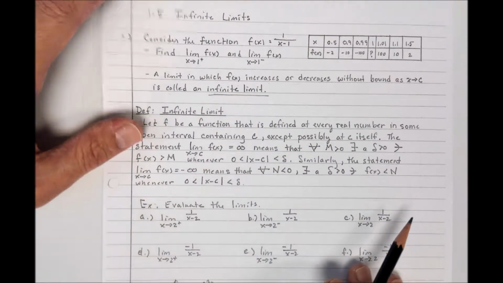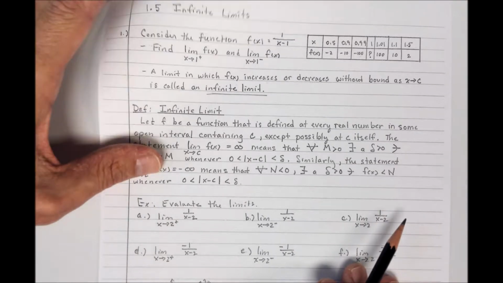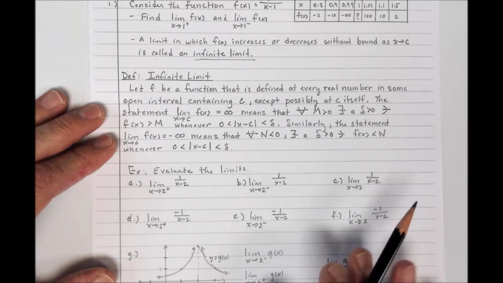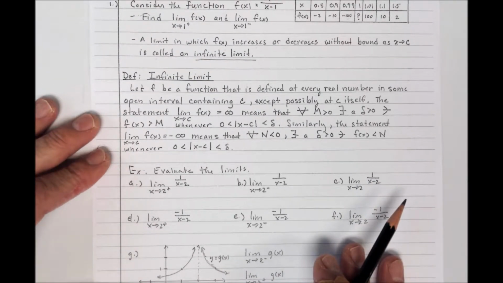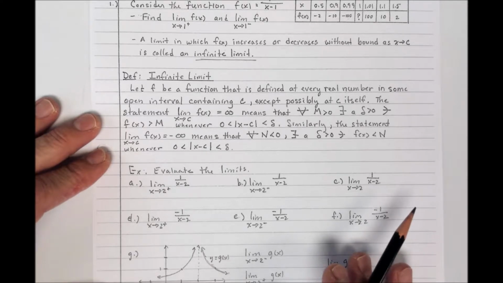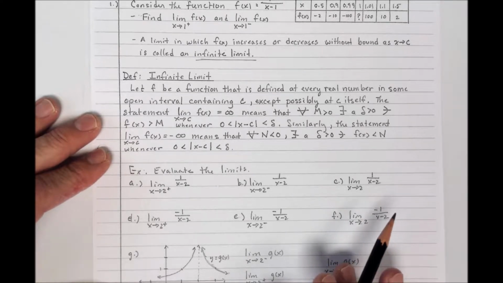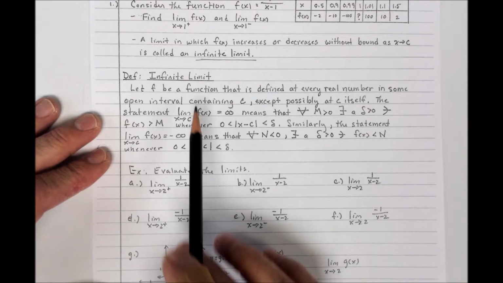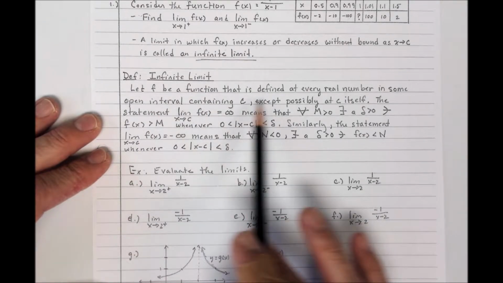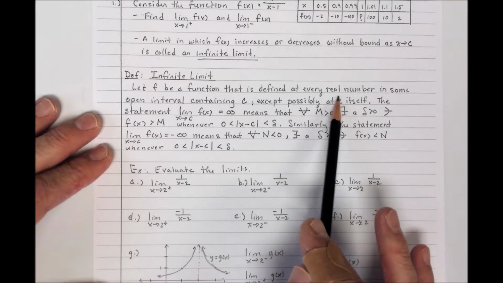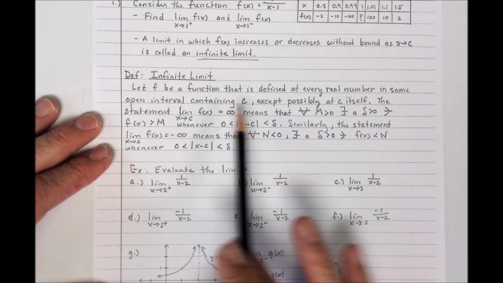Now, I have a really scary-looking definition here, and it's kind of an epsilon-delta definition, except that there's no epsilon here, because the values are getting large without bound or getting small without bound. So, an infinite limit: let f be a function that is defined at every real number in some open interval containing c, except possibly c itself.